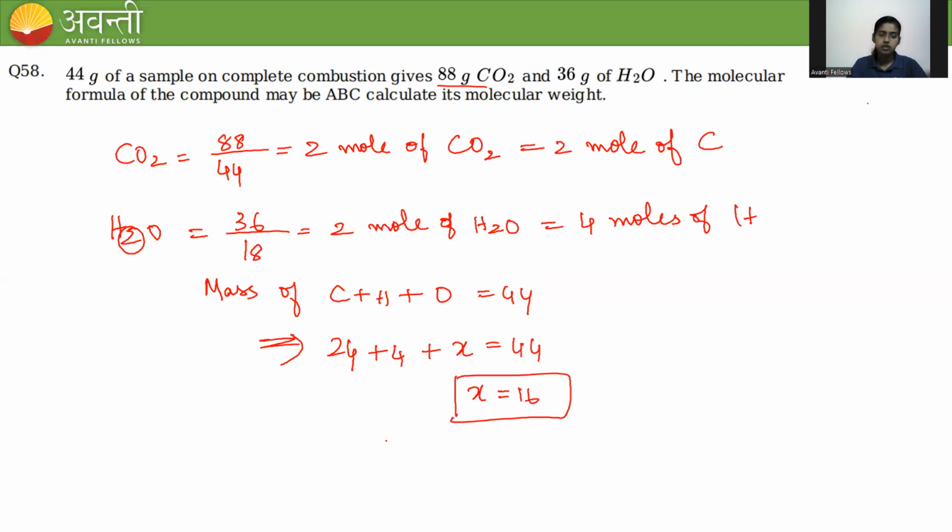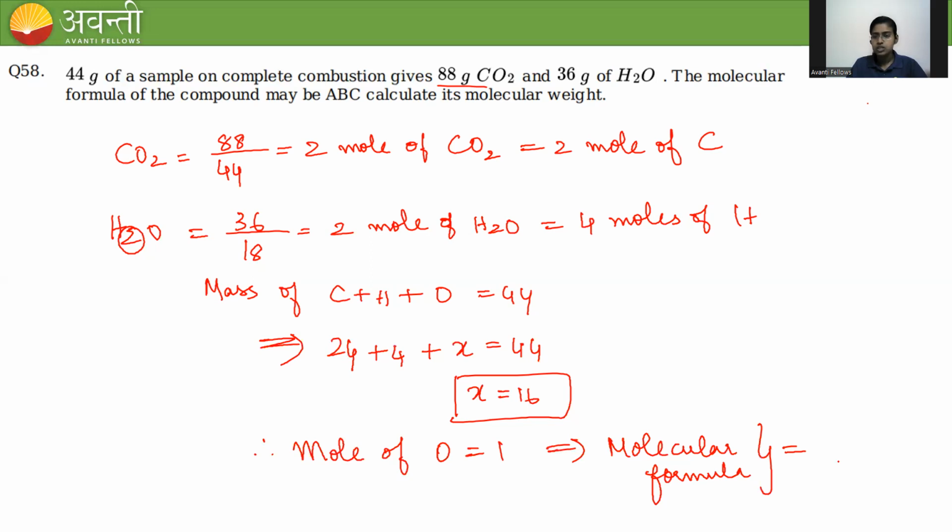The atomic mass of oxygen is 16, so therefore, the mole of oxygen is equal to 1. So from this, the molecular formula of the compound will be C2H4O1. So this is the molecular formula of the given species. Okay.